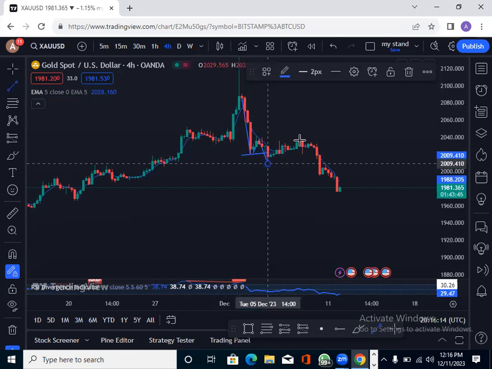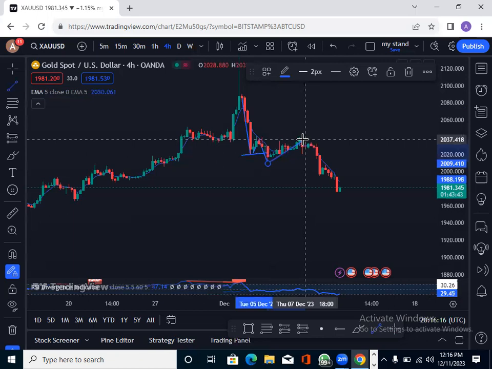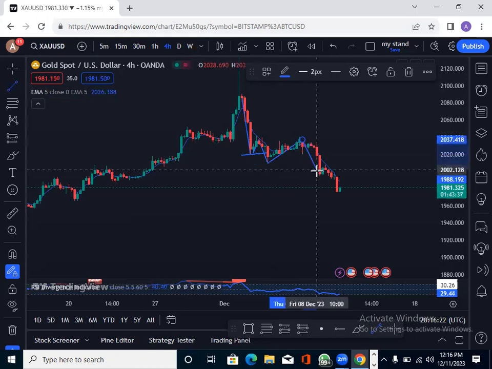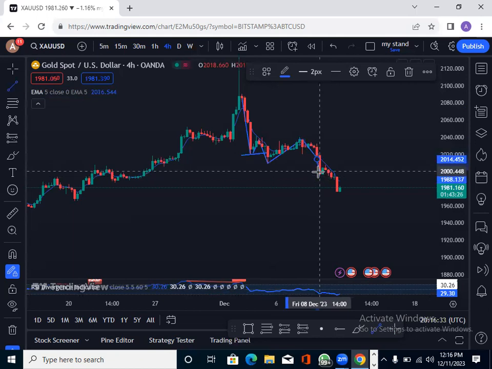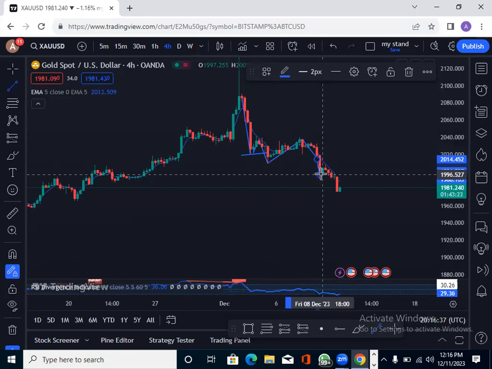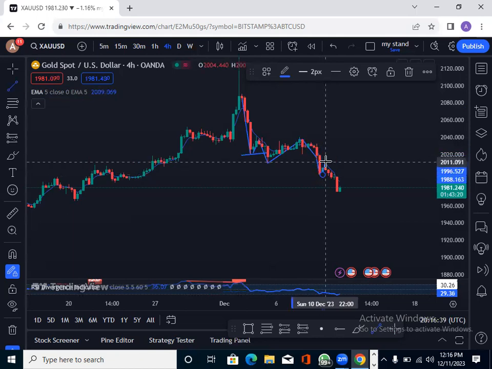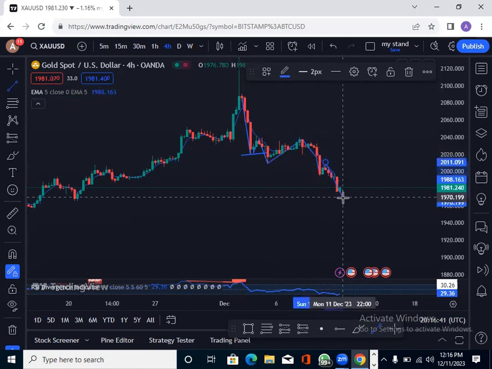Market came up to this end and came down to around this axis. Yes, we were here yesterday. So I told you the market will retrace up a bit and come down.